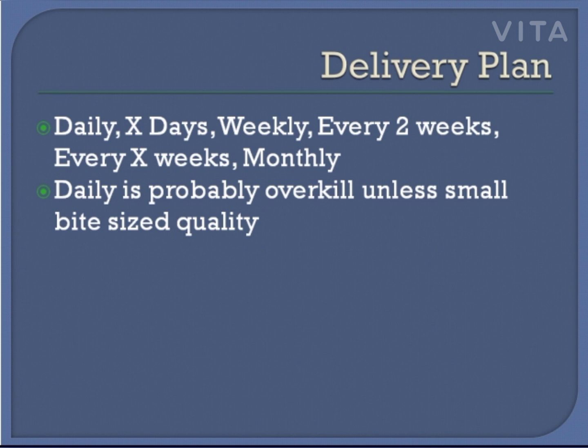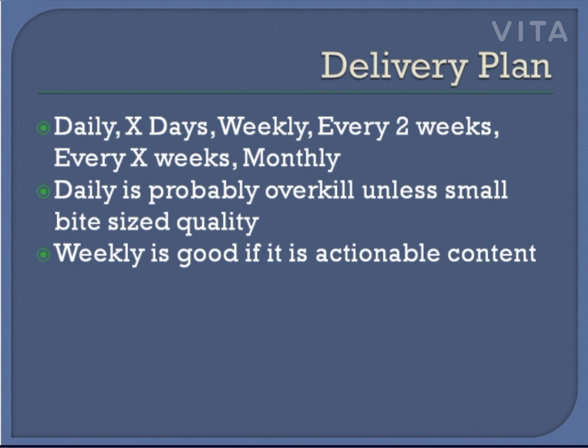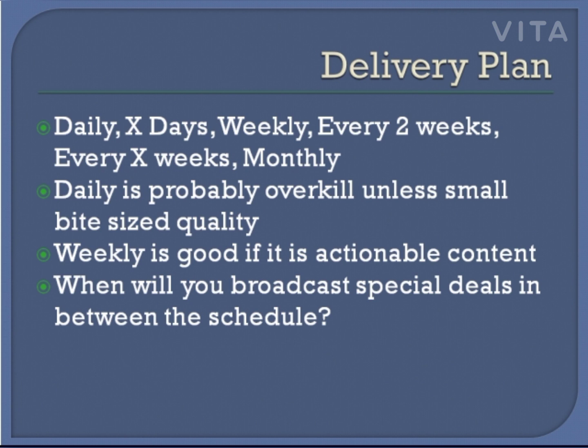So depends on your audience. And weekly is good if it's actionable content. Most people are not going to have time to do something every single day. But they'll definitely have time to do it every single week. So like I said, think about your audience, think about your competitors, and then create a plan from that point.